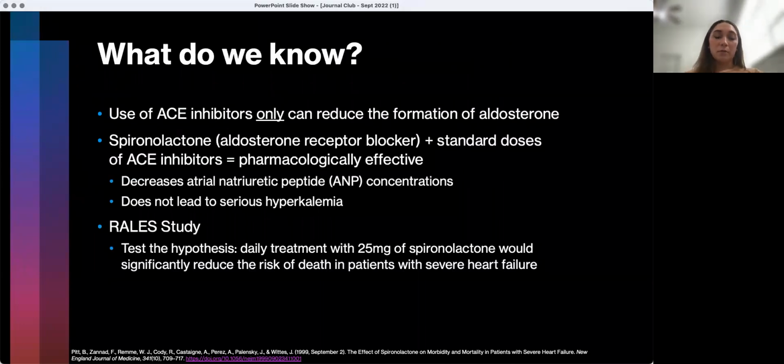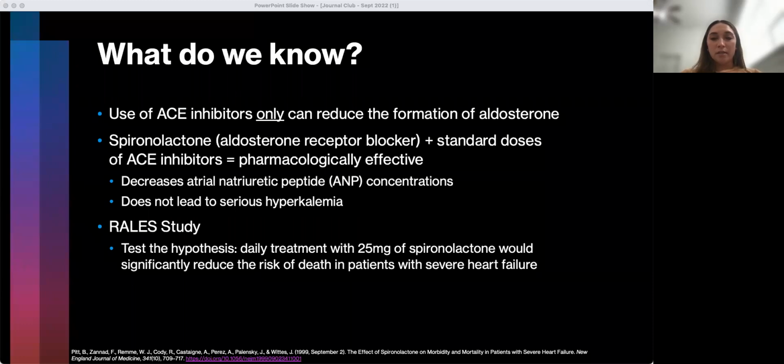So what do we know? We know that the use of ACE inhibitors only can reduce formation of aldosterone. And we know that spironolactone, the aldosterone receptor blocker, in conjunction with standard doses of ACE inhibitors, has been pharmacologically effective. With that being said, this decreases atrial natriuretic peptide concentrations, or ANP.